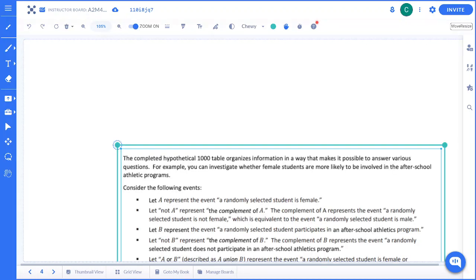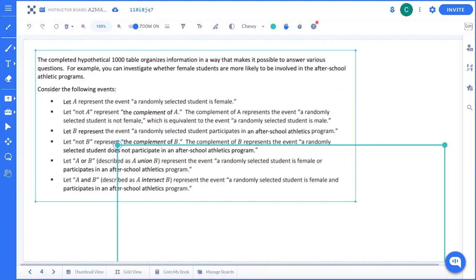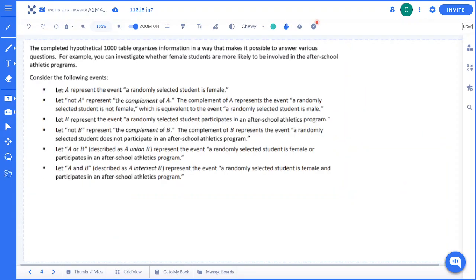All right. So it's talking about, we have this hypothetical 1,000 table. And it can be organized in ways to make it possible to answer various questions. Okay. And we can investigate whether female students are more likely to be involved in after-school athletic programs. Okay, so it says consider the following events.